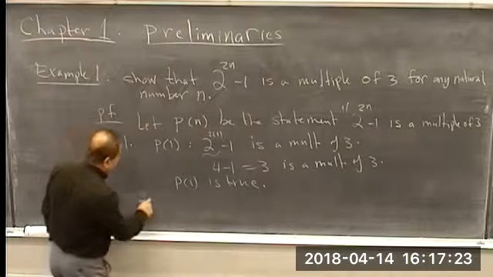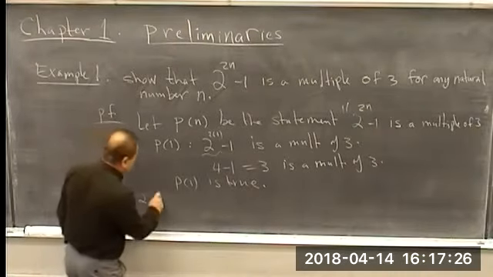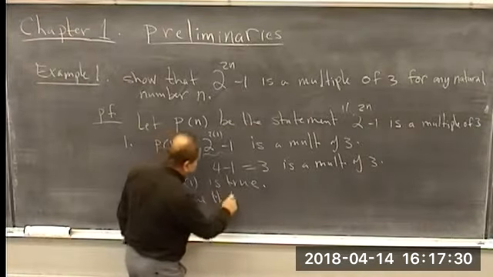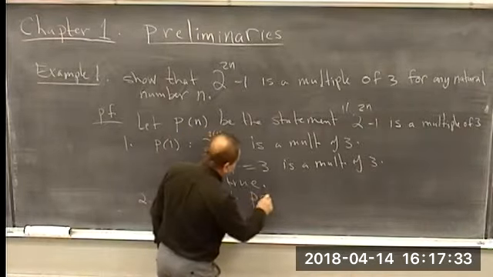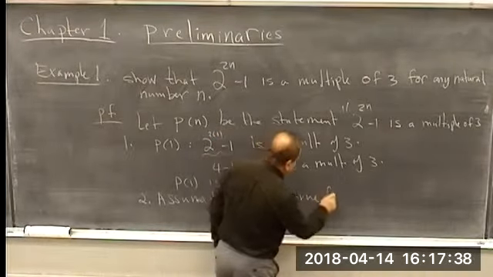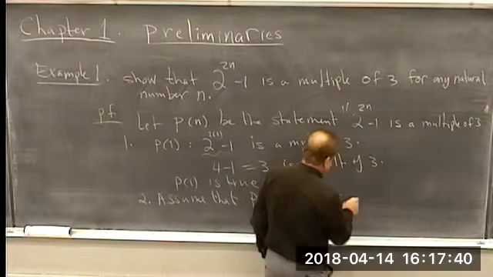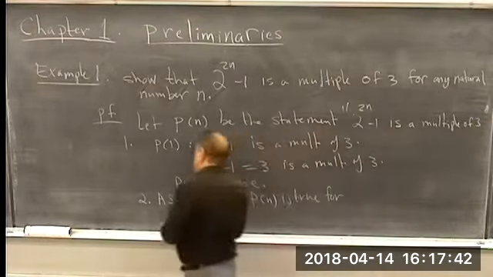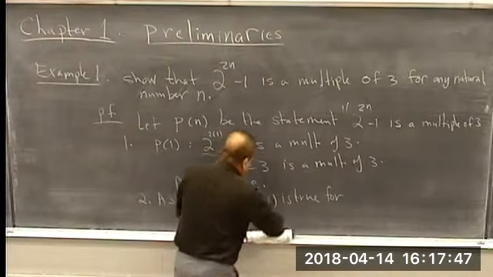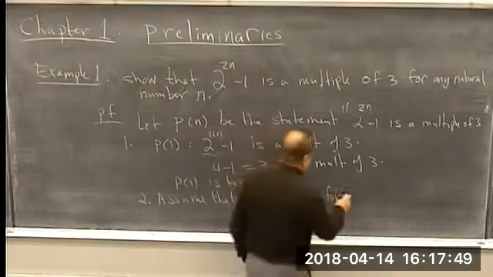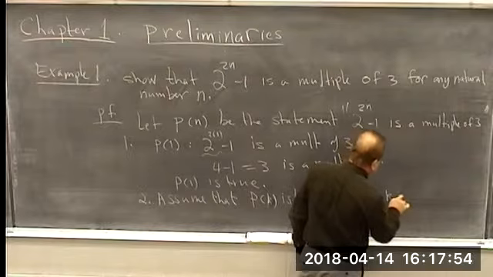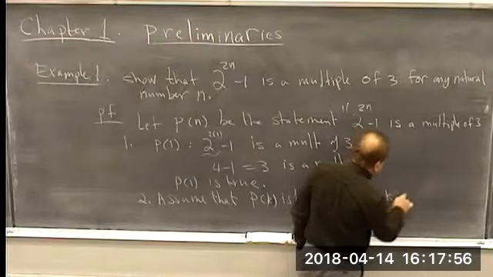Second, the inductive step. We're going to assume that P(n) is true for, let me actually put P(k) in here, for some k unspecified, k bigger than or equal to 1.